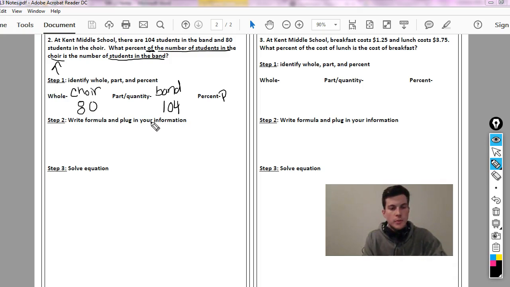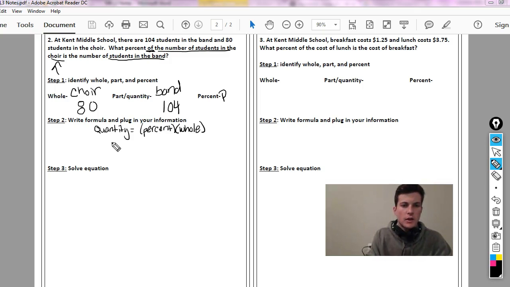Good. Now that we have our information, go ahead to step 2, write the formula and plug in your information. Fantastic. So we should have written down quantity equals percent multiplied by whole.